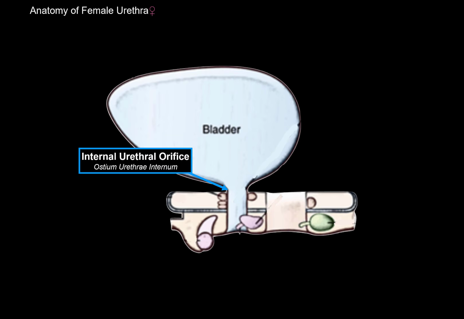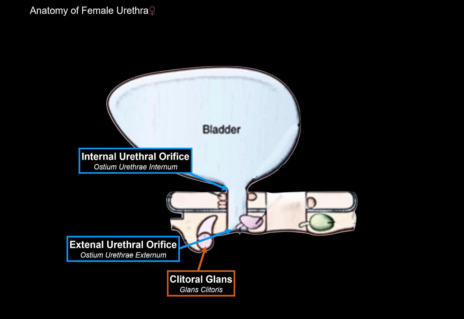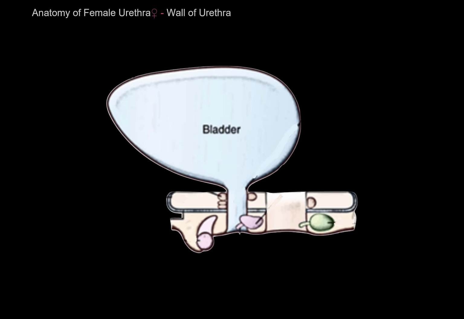We're basically going to have two openings, an internal urethral orifice at the urinary bladder and an external urethral orifice, which lies roughly 2 centimeters behind the glans clitoris, which is the head of the clitoris peeking out from the female genitalia. So now let's look at the walls of the urethra as well. Again, it's more or less going to look similar to the male urethra.